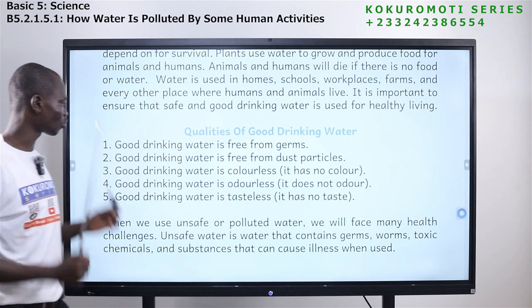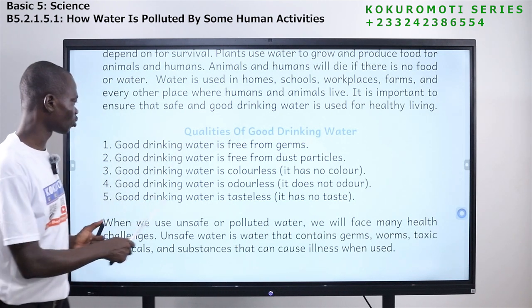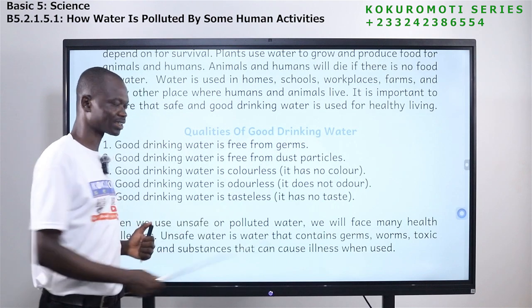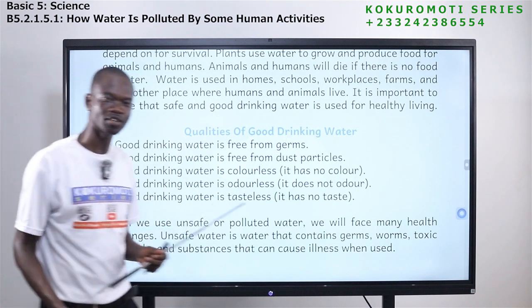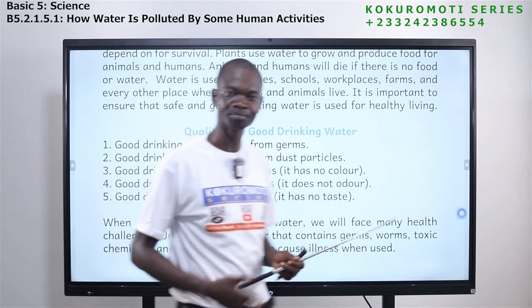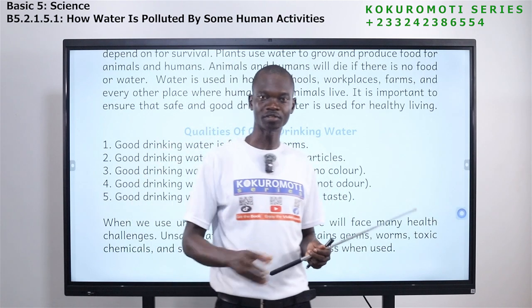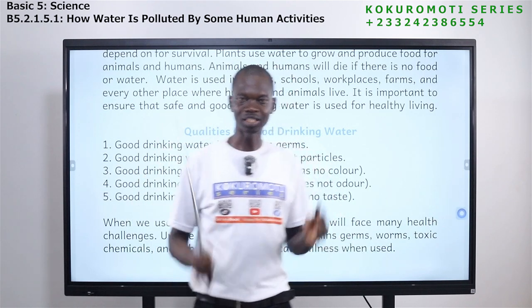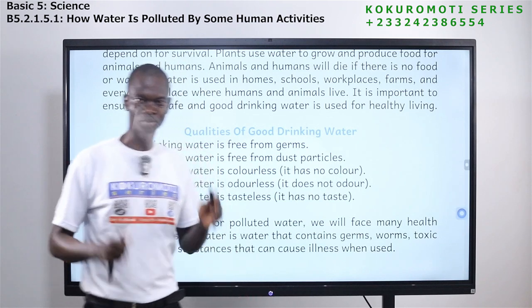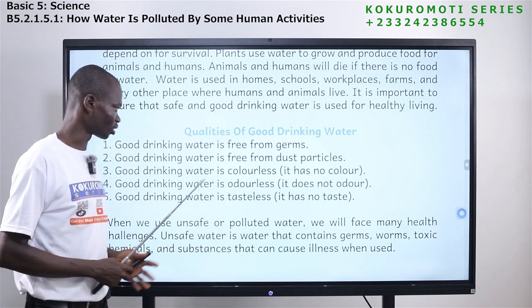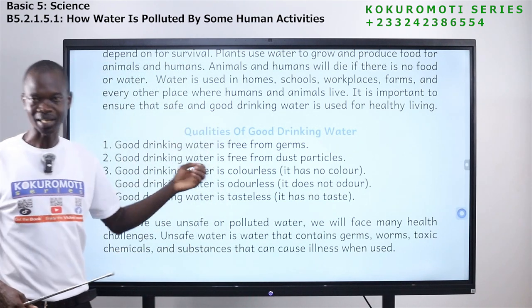Number two, the second quality is that good drinking water is free from dust particles. So if I fetch water for you and I ask you to drink it, if you see dust particles in the water, will you still go ahead and drink the water? No, because that water is not drinkable, it's not potable, because it contains what? Dust particles.